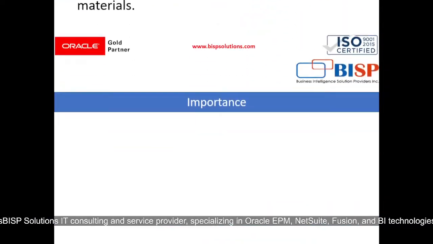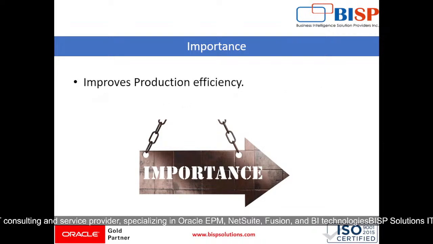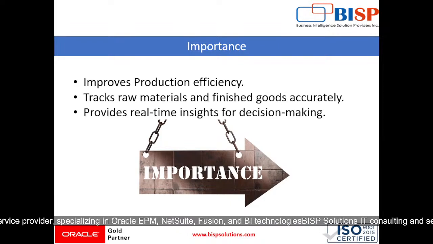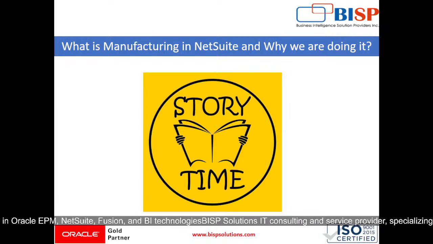So why is it important? Because it improves production efficiency. It also tracks raw materials and finished goods accurately, and it provides real-time insights for decision making. So that is what manufacturing in NetSuite is and why we are doing it.